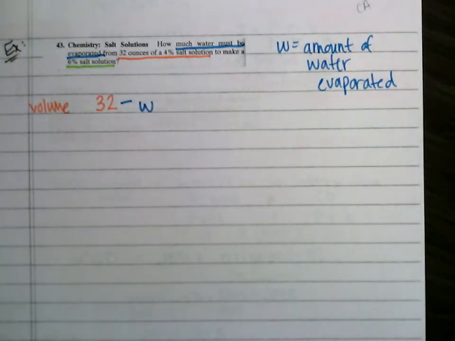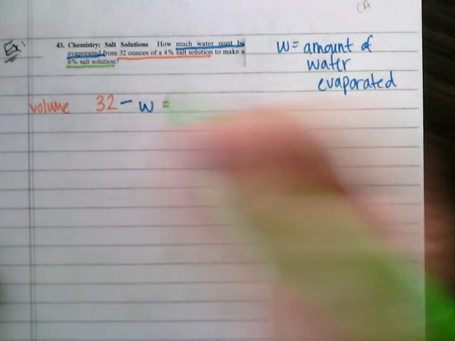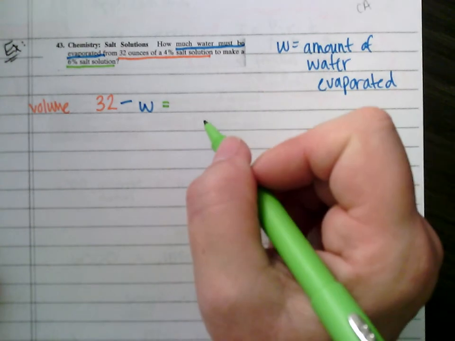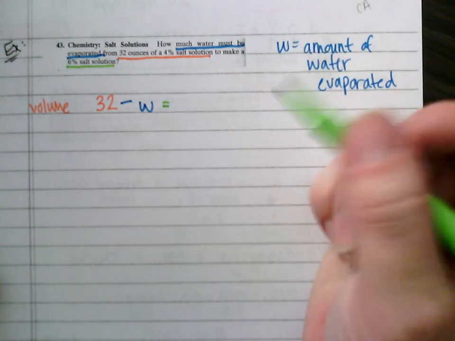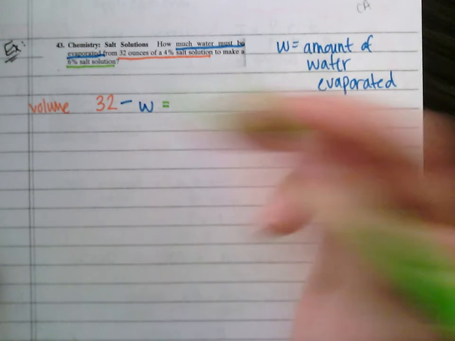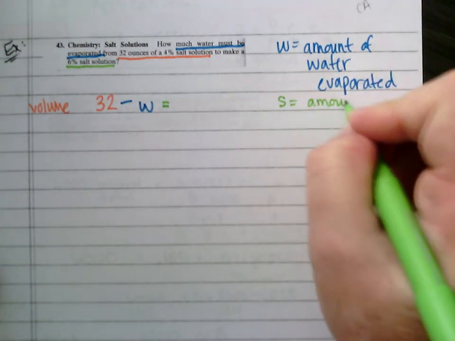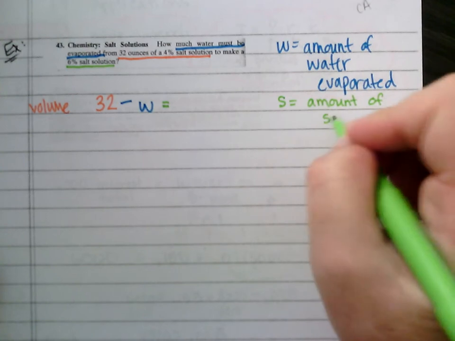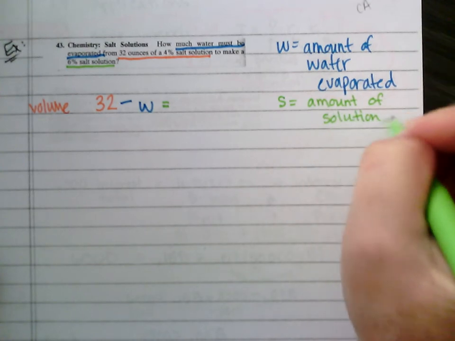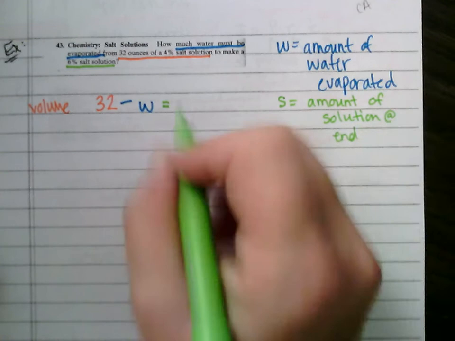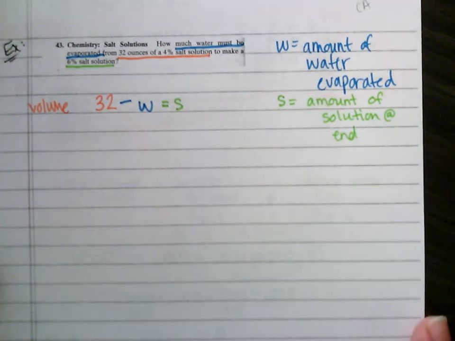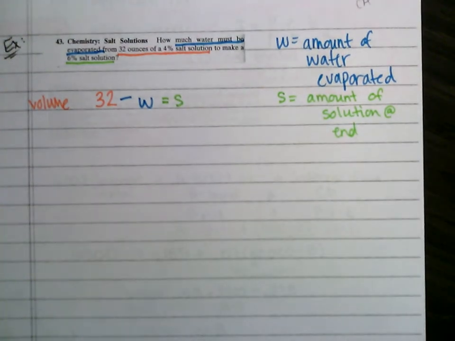And then we want to end up with a 6% salt solution. So that's another thing we don't know, how much solution we're going to end up with. So let's say S might be the amount of solution that we have at the end. So 32 minus W equals S, the final volume, however you want to set that up.